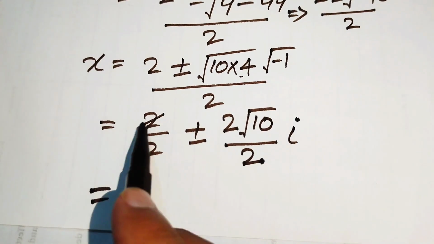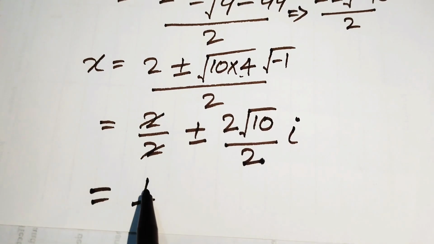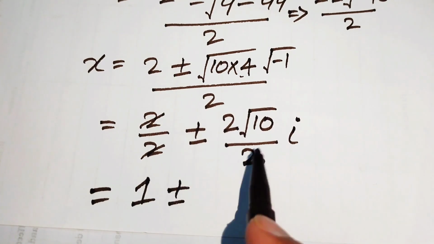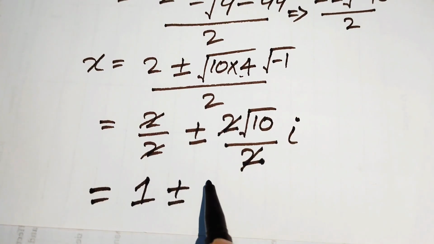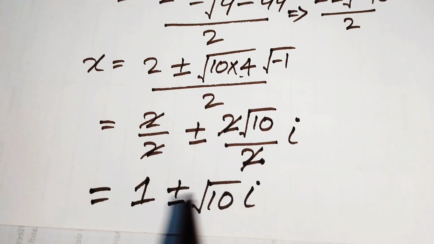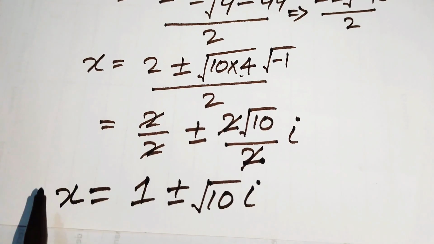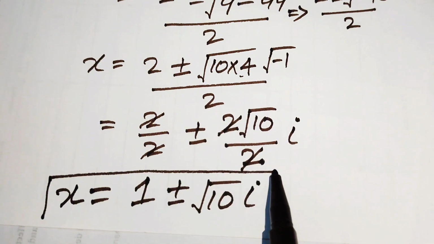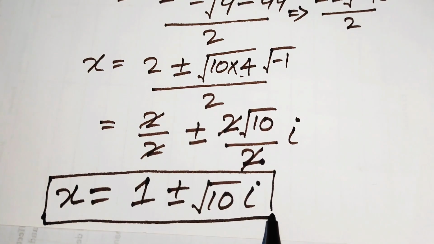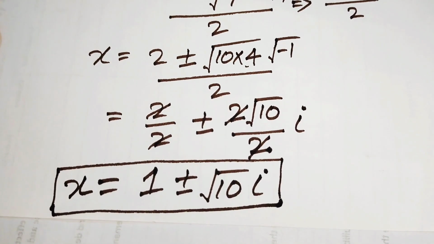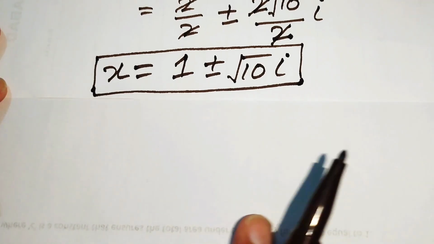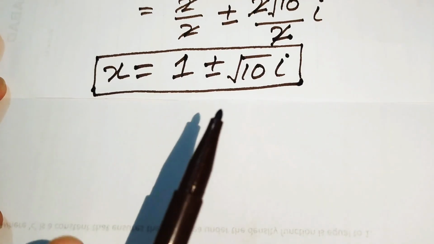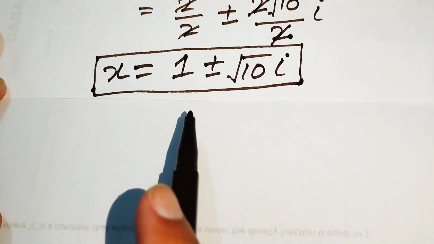So now this 2 is cancelled out by this 2, and we have 1 plus minus, this 2 is cancelled out by this 2, and we have square root of 10 into iota. So these are the two values of x, but these are complex values. Now in the next step we move towards finding the values of y using these values of x.